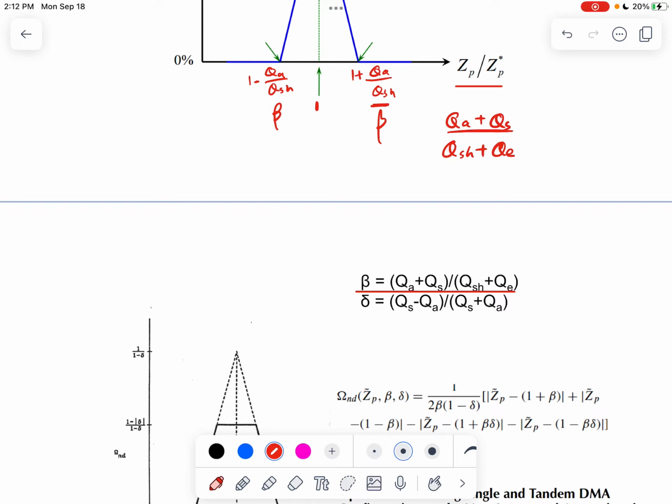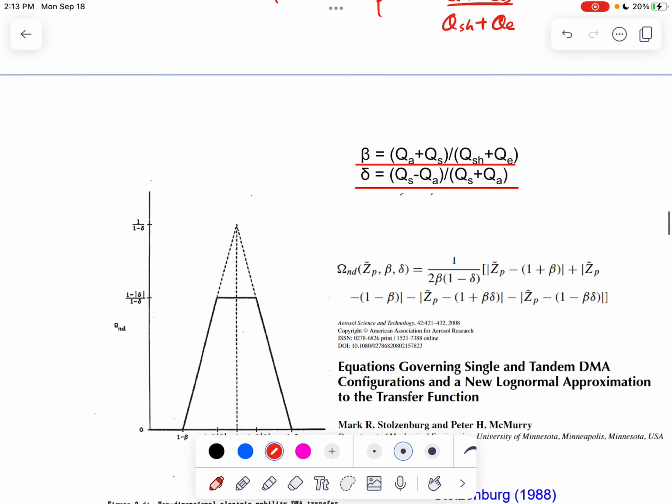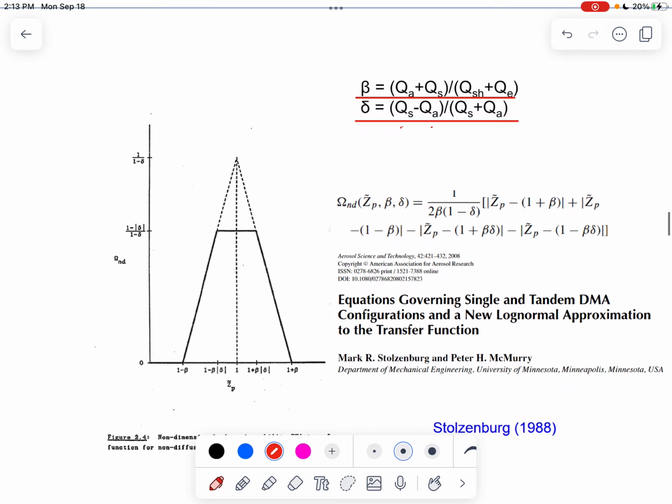And then there's also a term, delta, which is the difference between the sample flow and aerosol flow divided by the summation of these two flows. So when the flow is balanced, meaning the aerosol flow and sample flow are matched, then delta equals 0. When these two flows are mismatched, you have a nonzero value of delta. If you define these parameters, you can find that we're going to have a transfer function that looks like this.